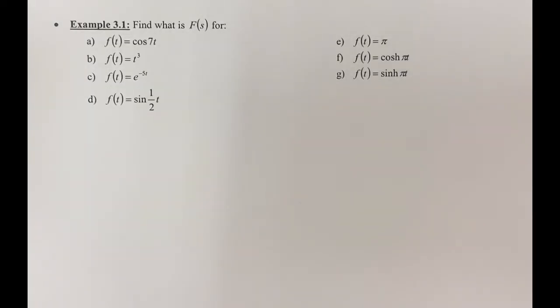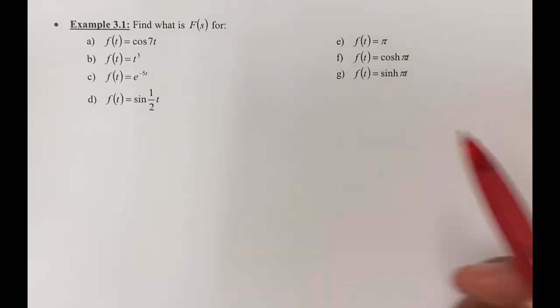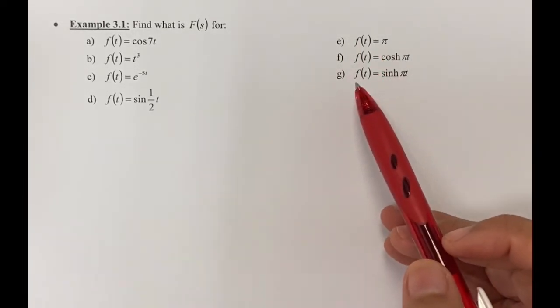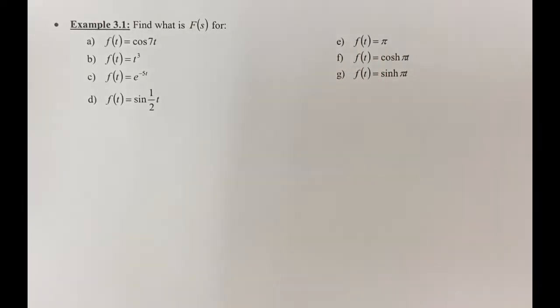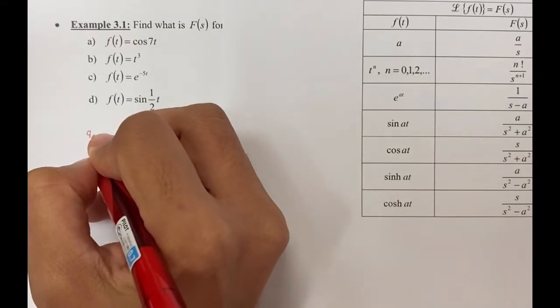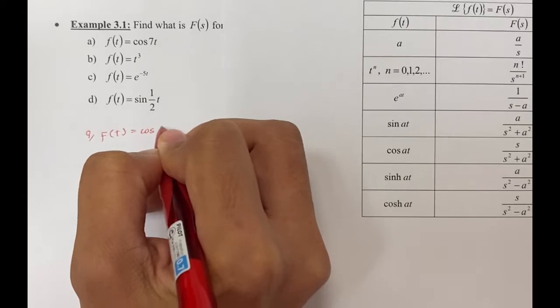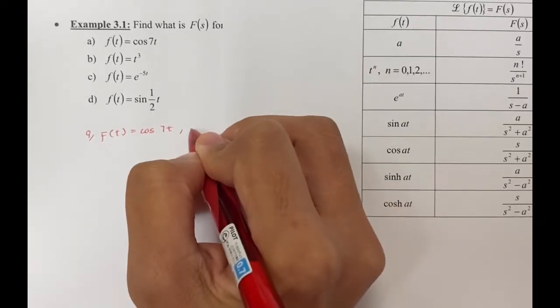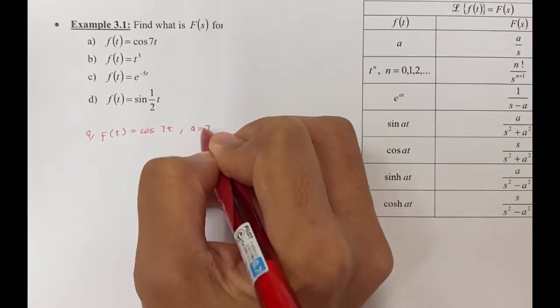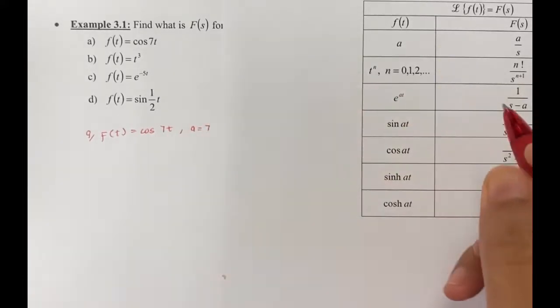Example 3.1. Find F(s), the Laplace transform for these 7 functions f(t). Okay, let's start with a. f(t) equal to cos 7t. So the a here is equal to 7 in cos at. Refer to the table.